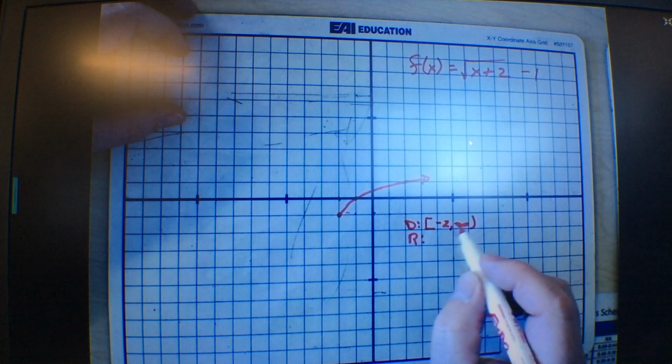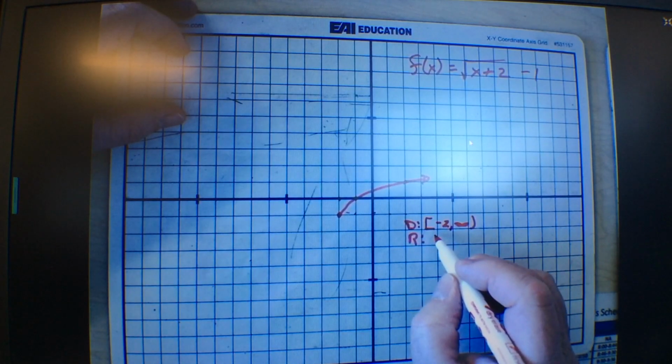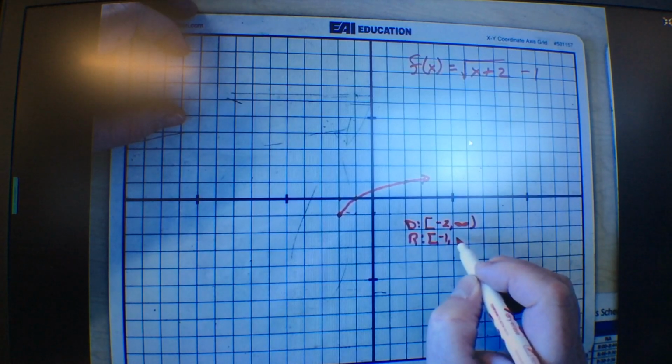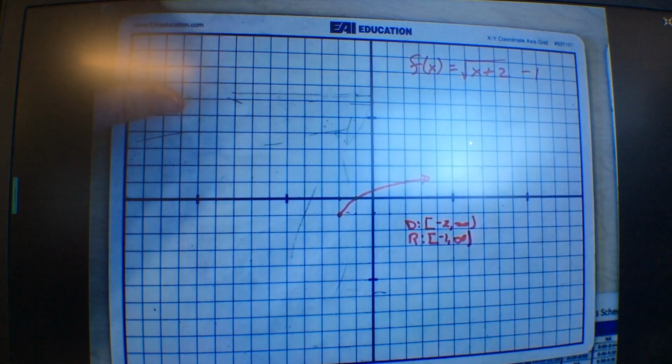Range, parentheses, wait, no, it's bracket, negative 1, infinity, parentheses. Yeah. Okay? Yep. All right, very good.